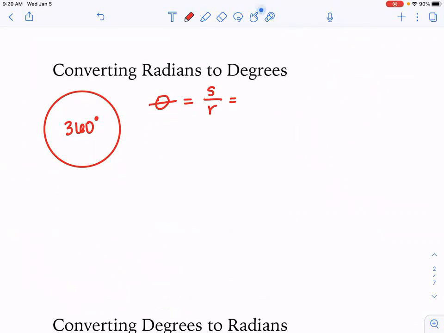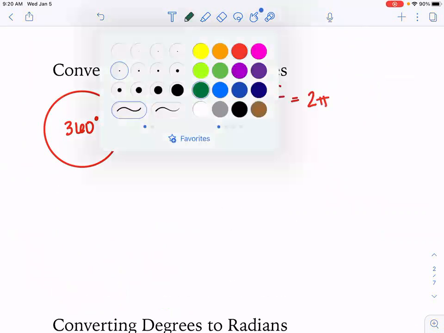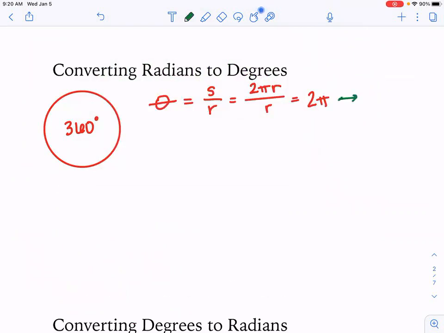Pi times diameter, and diameter is the same as how many radii? So 2 pi r is our circumference. Which means our angle, 360 degrees, is the same as 2 pi.